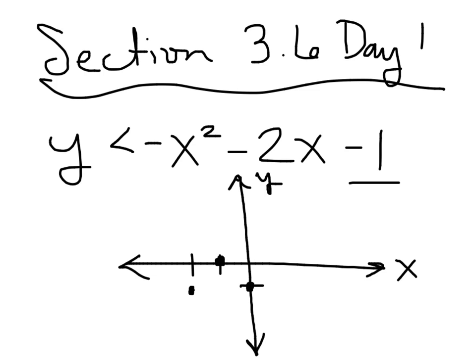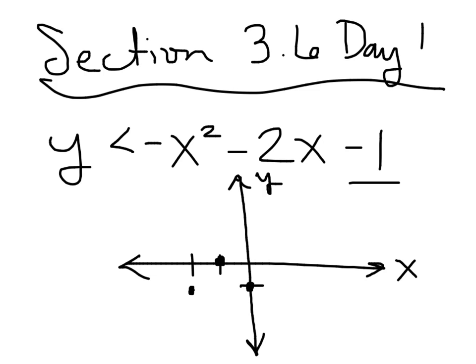This would have been in Algebra 1. Okay? An open circle meant it came right up to it but did not include it. A closed circle meant it included it. When we graph lines or parabolas or shapes that are not included, we dash the line. So when I draw this, it's going to be a dashed parabola.